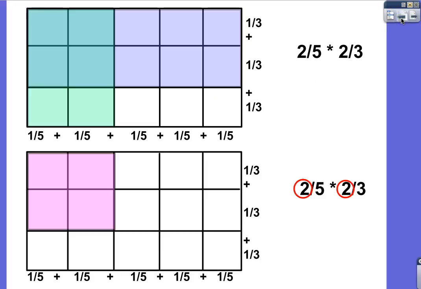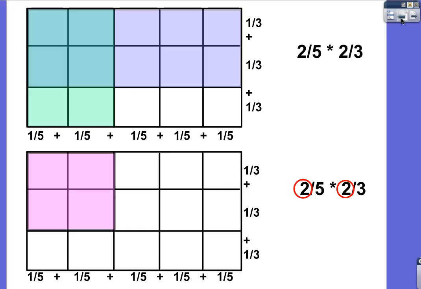Now, you're going to receive graph paper, and you're going to work in groups of 4. So you can reposition your seat so that you're in groups of 4. And you're going to be given a task card for using the area model for multiplication.